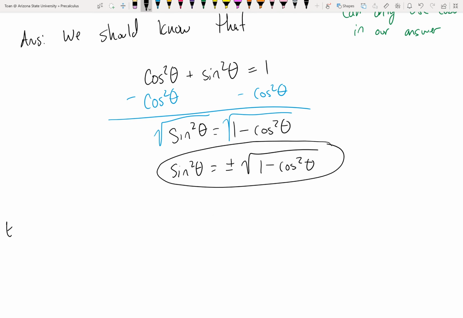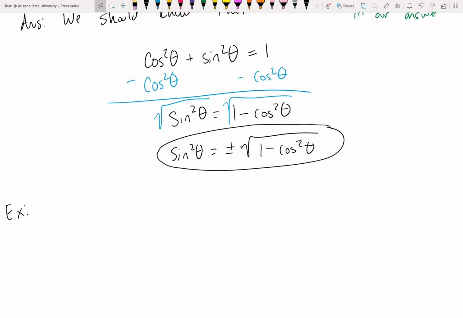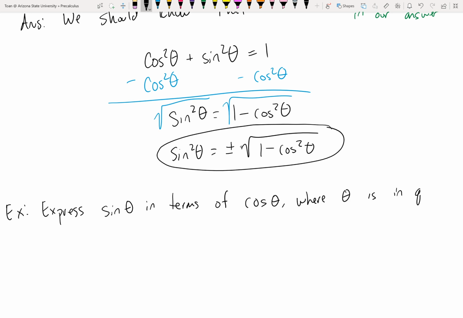Let's do another example. This time, I might give you extra information like quadrants. Suppose I ask you to express sine of theta in terms of cosine. So it's the identical problem as before, but they give you extra information, specifically that theta is in quadrant 3.